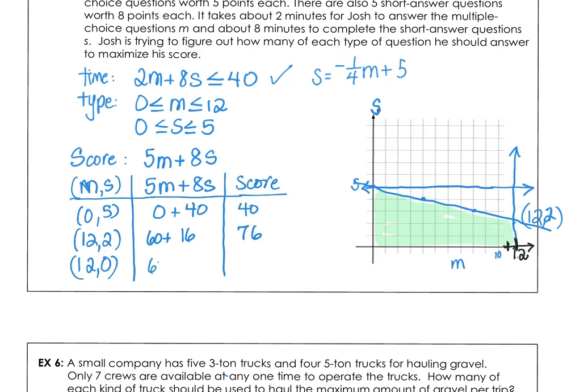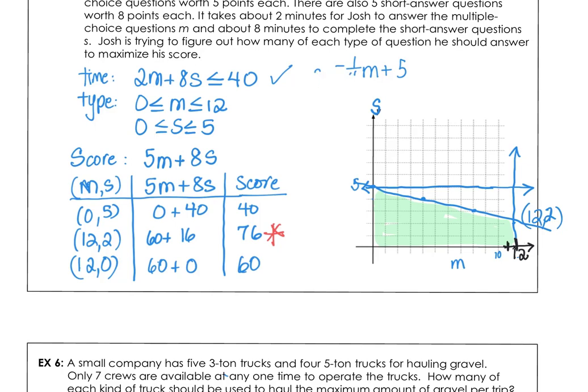And then 5 times 12, that's 60, and 8 times 0, that's a score of 60. So our maximum score would be 76, and the way he could get 76 would be to answer 12 multiple choice and 2 short answer.